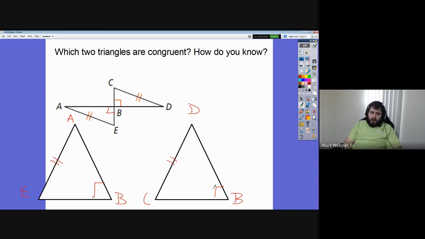So we've got a right angle pair, we've got a hypotenuse pair, but we do not have a leg pair. They don't give us any legs. So the thing of it is, we can't actually do this. There's not enough info. So can we say that these two triangles are congruent? No, we cannot. So that's as far as we can go with this one. All right.